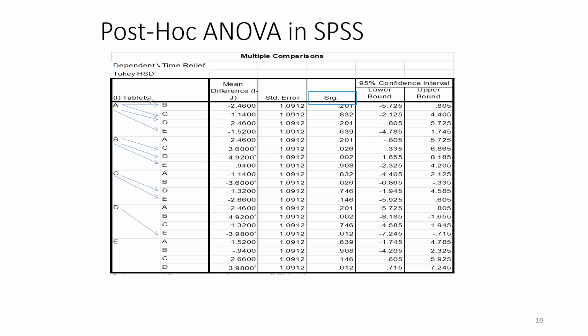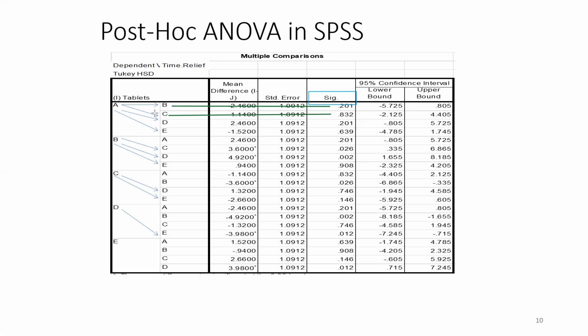To test whether the mean of A and the mean of B were different, we proceed to this one. This is the Sig value, the p-value for comparing the mean time relief of tablet A with tablet B. Similarly, for A with C the p-value is 0.832, which relates to the time relief from brand A and brand C.